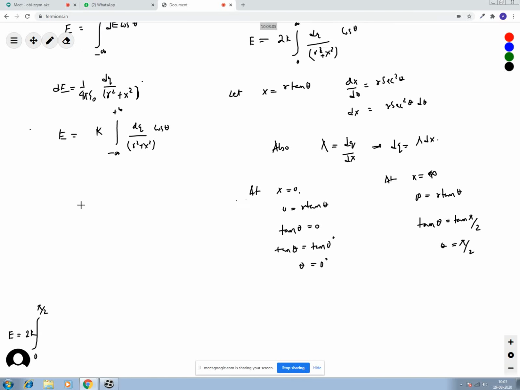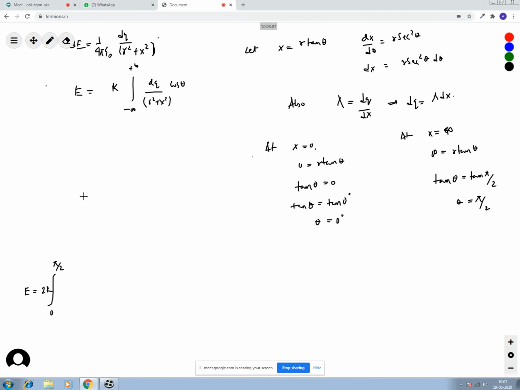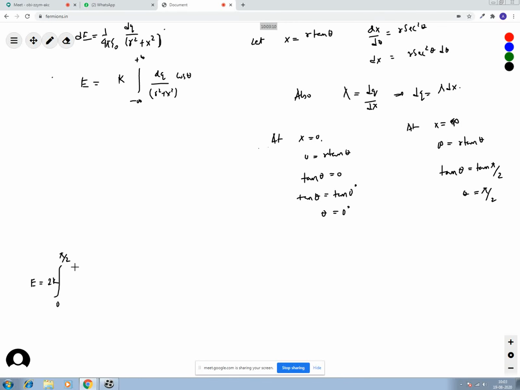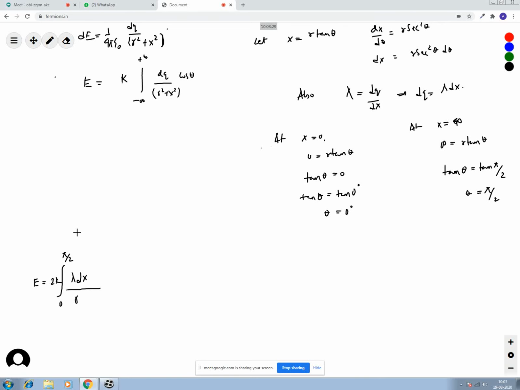Then the expression becomes dq will become lambda dx divided by r square plus r square tan square theta, into cos theta.